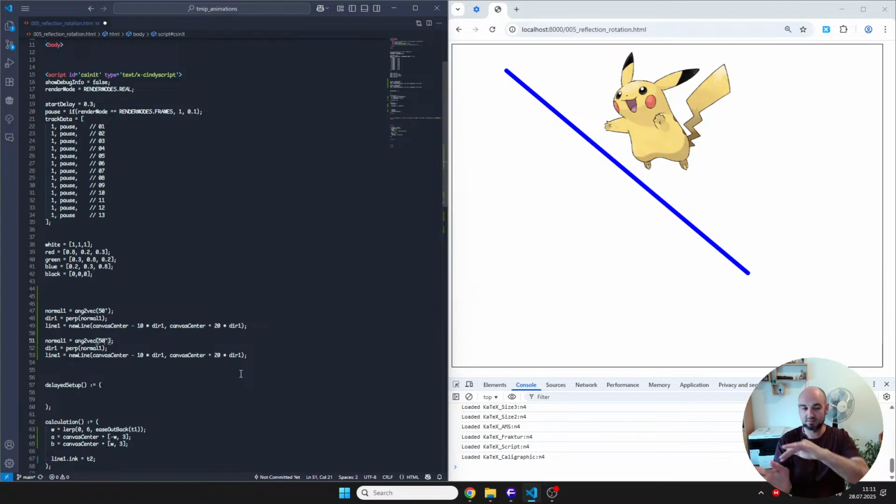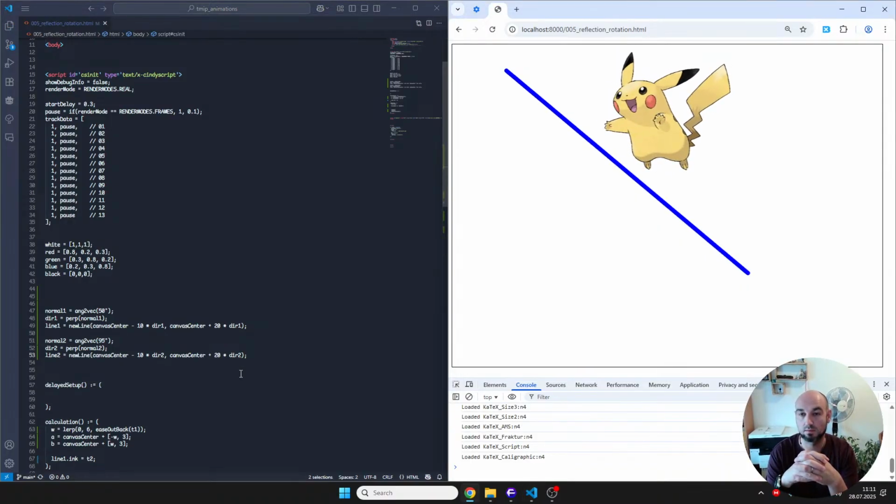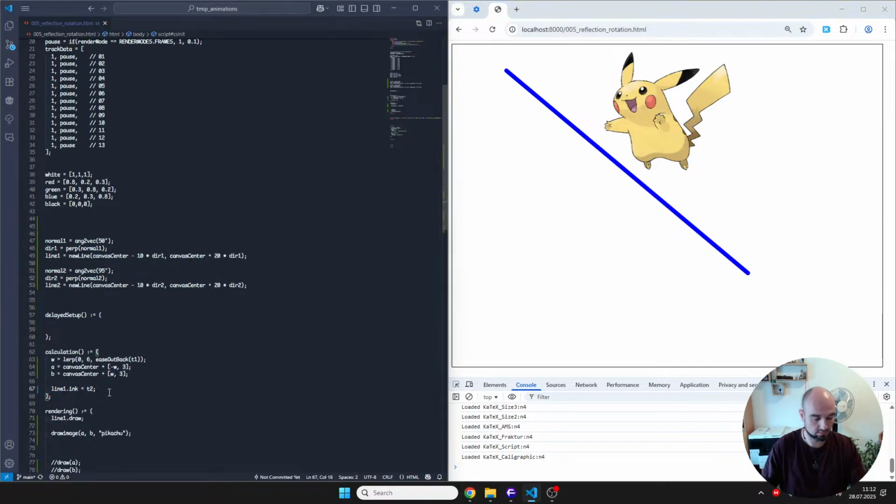So let's paste the next line. Let's make it 45 degrees more, maybe. Normal to, direction to, line to, oh yeah, maybe we should.